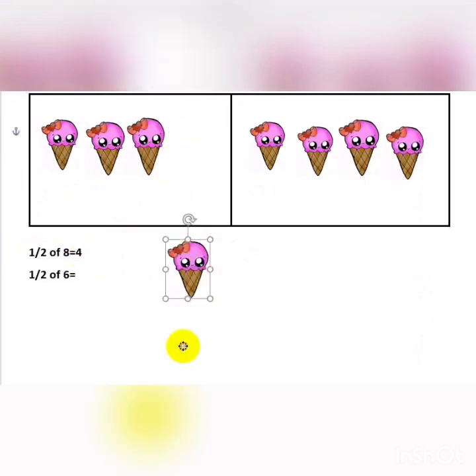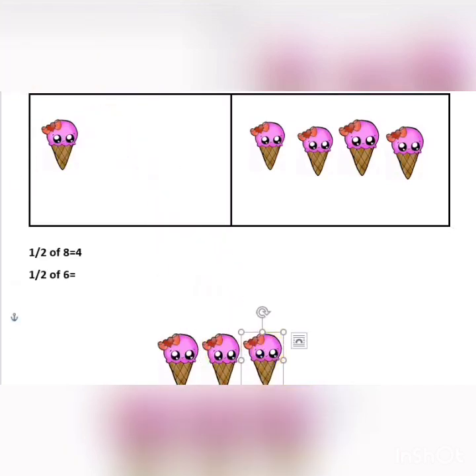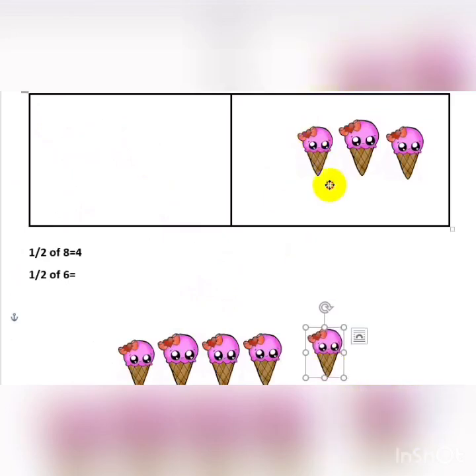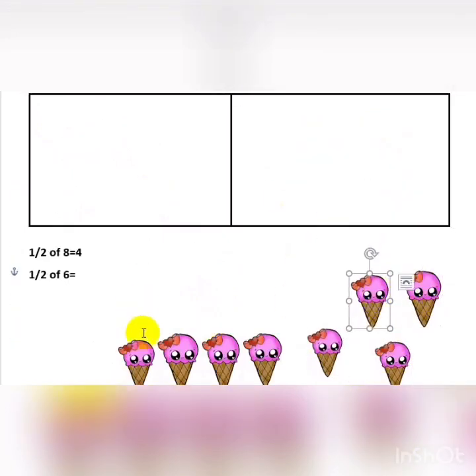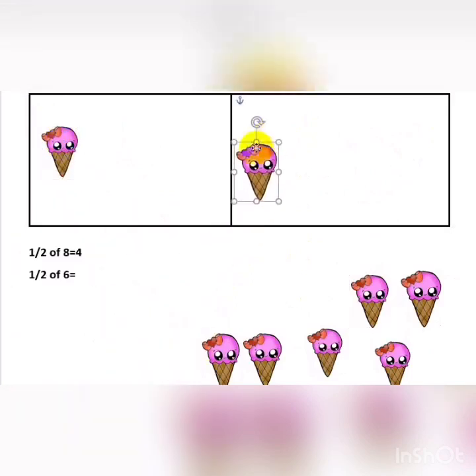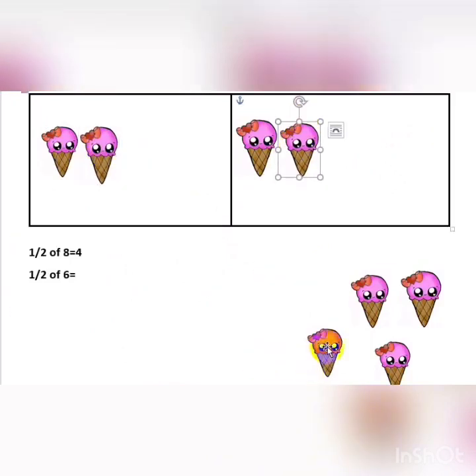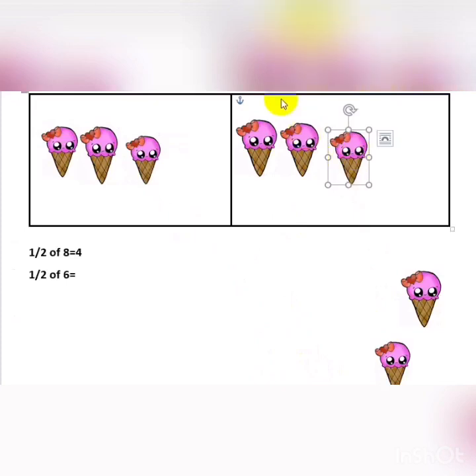Now I will take it back, and then I'm going to find the half of 6. So let's start it again. I'm going to place it here 1, this is 2, 3, 4, 5 and 6.